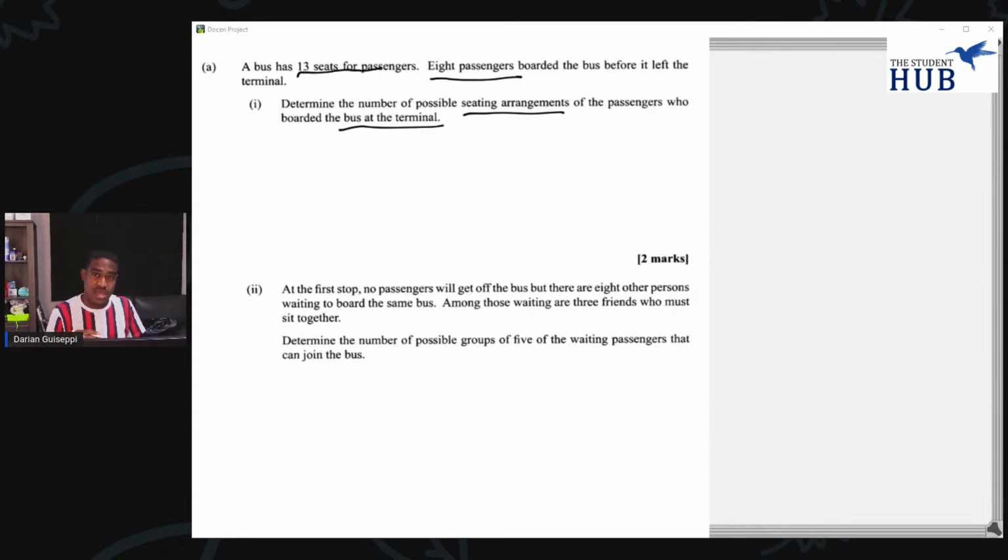It's pretty straightforward. What you have to do is take the 8 persons and find the number of ways of arranging those 8 persons in the 13 spaces. So basically, the formula for arranging r out of n distinct objects is what you need to use for this particular question. You use nPr. n in this case is 13 because you have 13 seats, but you want to arrange the 8 persons coming into the bus into these 13 seats, and you want to find the number of ways of arranging it.